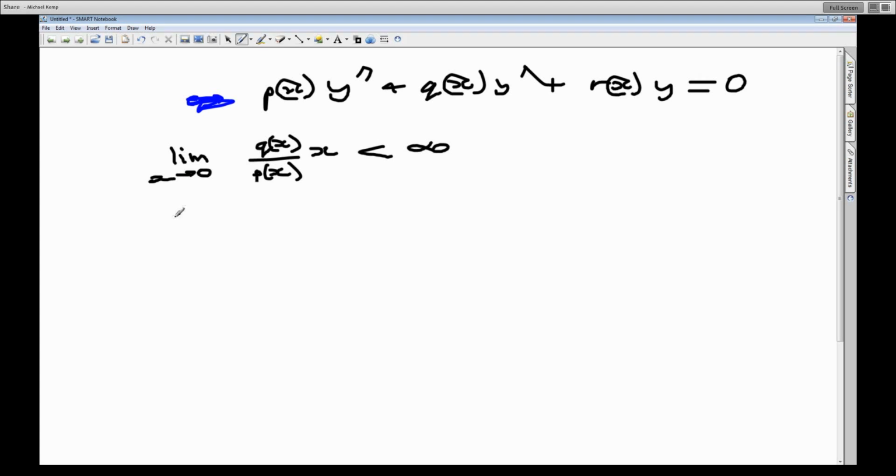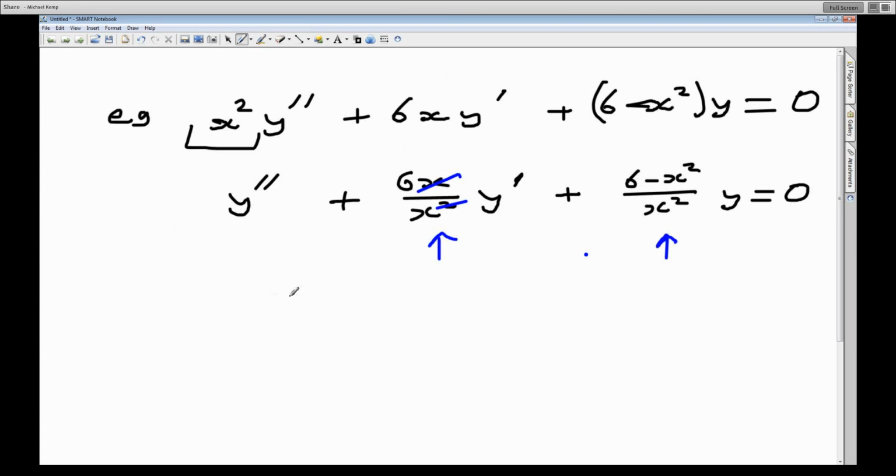And again, if you do r(x) on p(x), we want it to be of order at most x squared. So if you multiply by x squared, when you take the limit, we ought to get something finite. These two conditions just guarantee that property, as I said. So in the example we've got here, that's q on p.